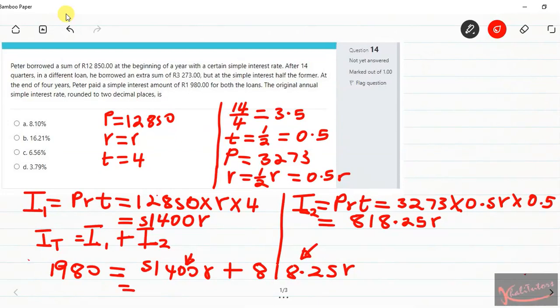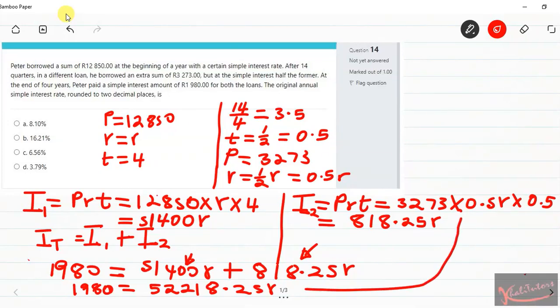Okay, so let's just do that. Let me use my calculator. We're gonna get 1,980 is equal to 52,218.25 R. Okay, so in order for us to determine R, let me just take this and move it to the top.